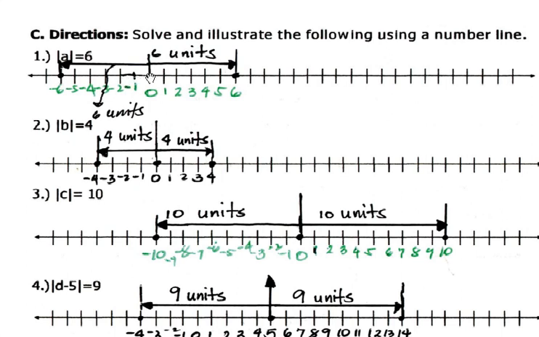From a fixed point 0 going to the right to 6, it's positive 6, 6 units. And from 0 going to the left, it's negative 6, also 6 units. So this is the diagram for the absolute value of A equals 6.